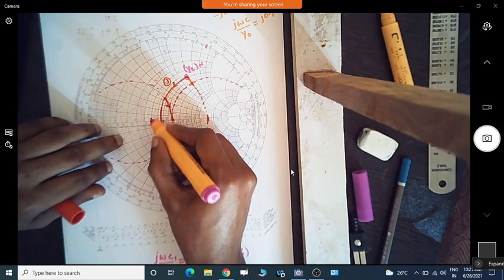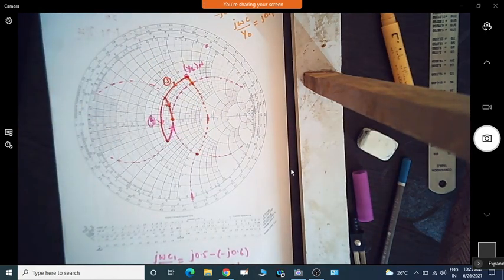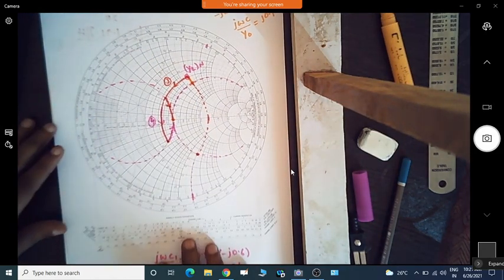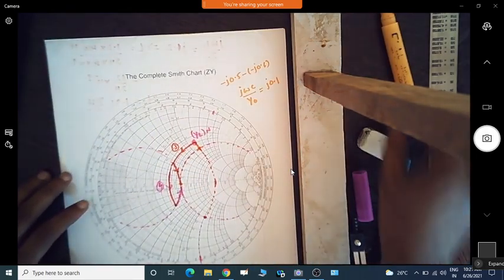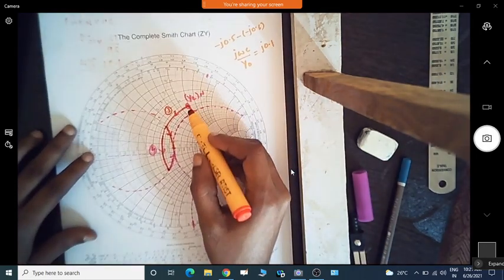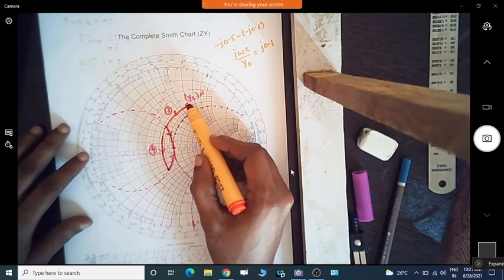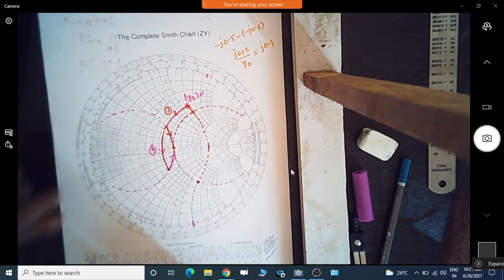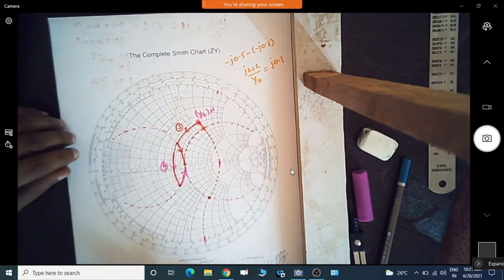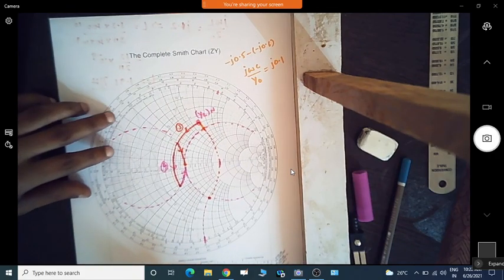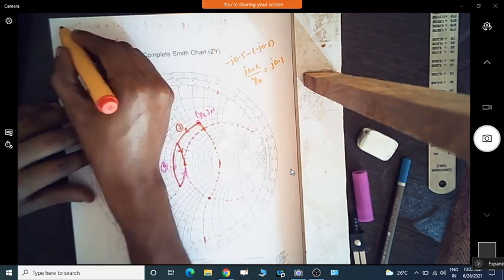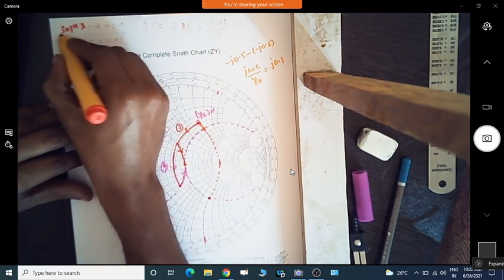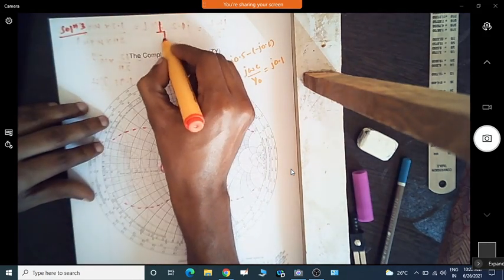So now what are the elements? Can you tell what are the elements for solution 3 and solution 4? Solution 3, we are moving on the resistance circle downwards. What is the component? So we have YL.